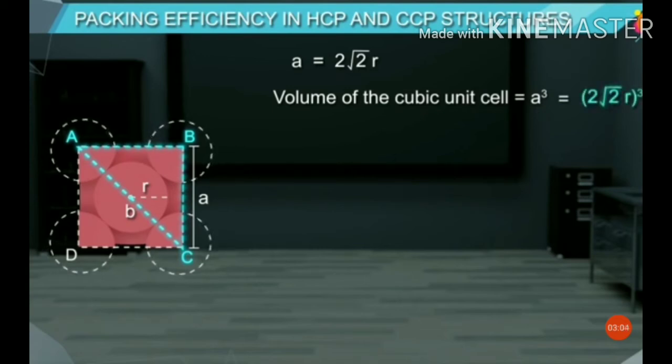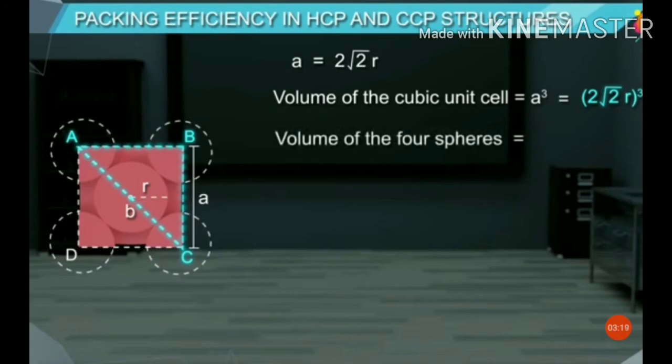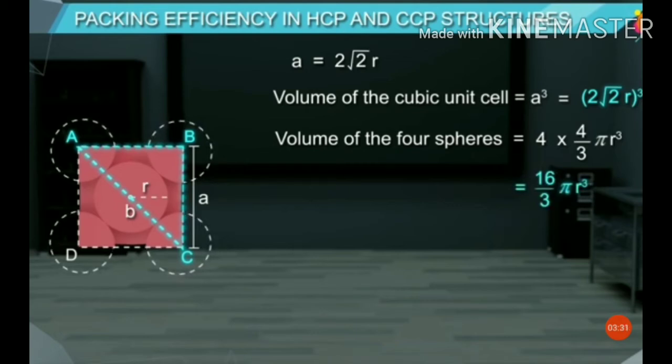Volume of cubic unit cell is a cube, which is equal to 2 square root 2 r the whole cube. Then you know, for FCC lattice, one unit cell consists of 4 atoms or particles. Therefore, the volume of 4 spheres is equal to 4 into 4 by 3 pi r cube, which is equal to 16 by 3 pi r cube.